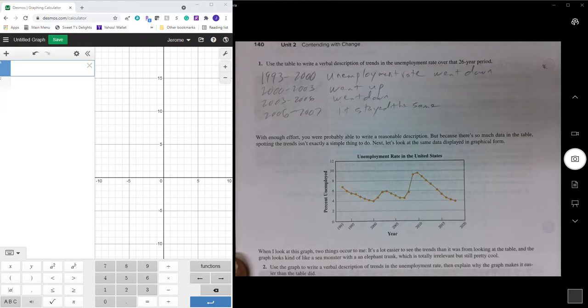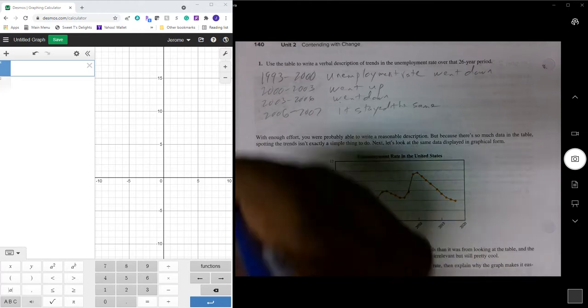Okay, now from 2007 to 2010, yes, from 2007 to 2010, it went up.